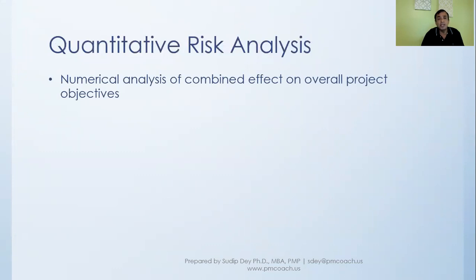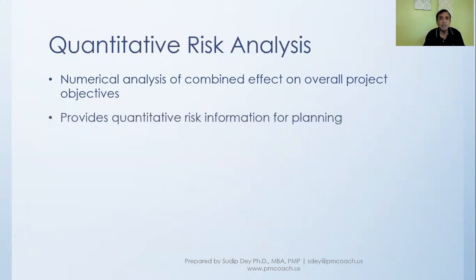In fact, quantitative risk analysis is the only way you can effectively come up with a risk analysis for overall project objectives. It provides quantitative risk information for planning, so it is much more precise than what we have seen in the qualitative risk analysis, and it is required for robust risk planning.